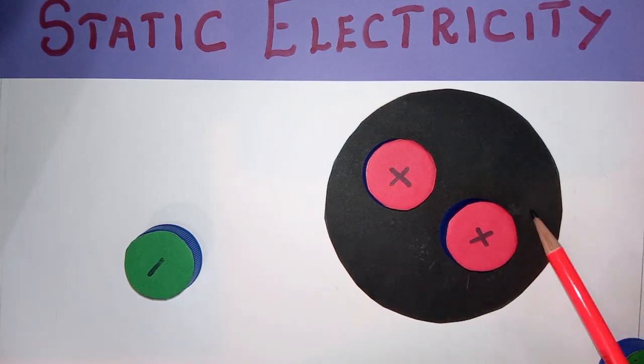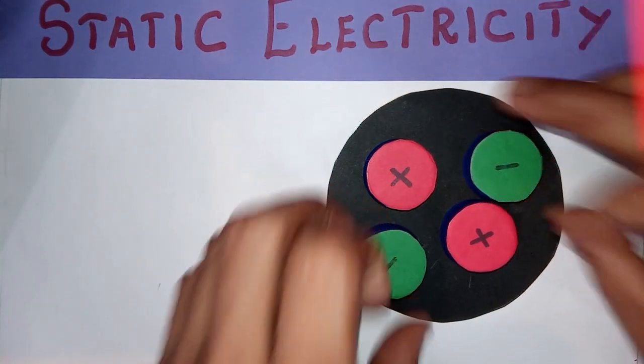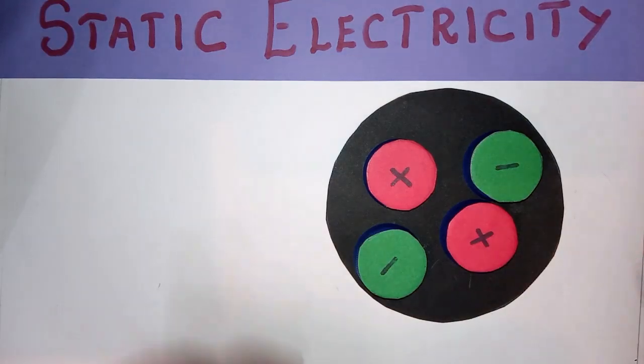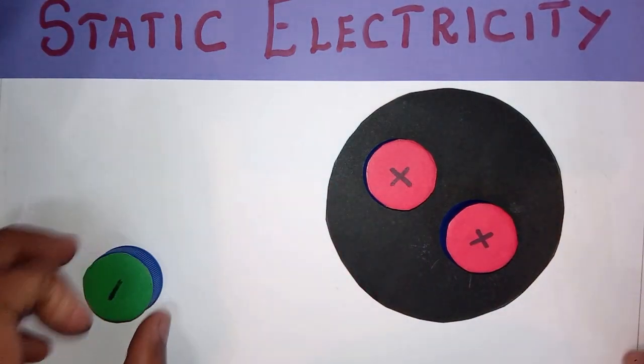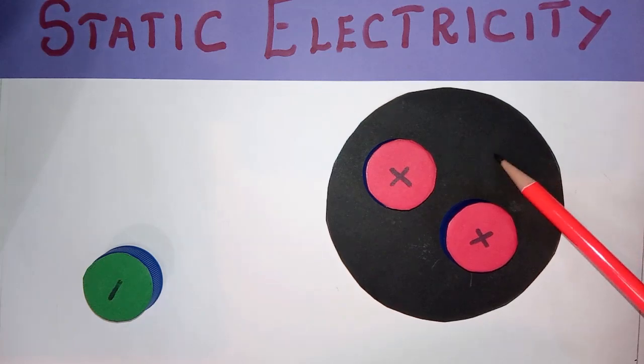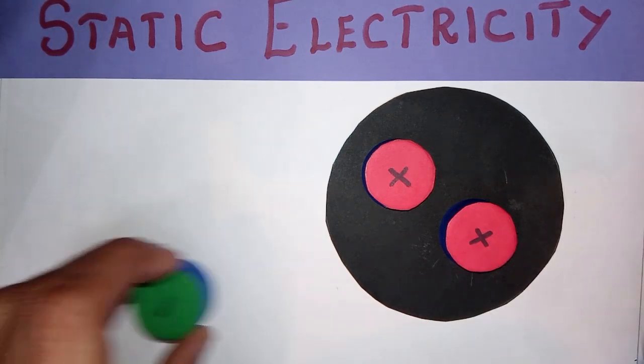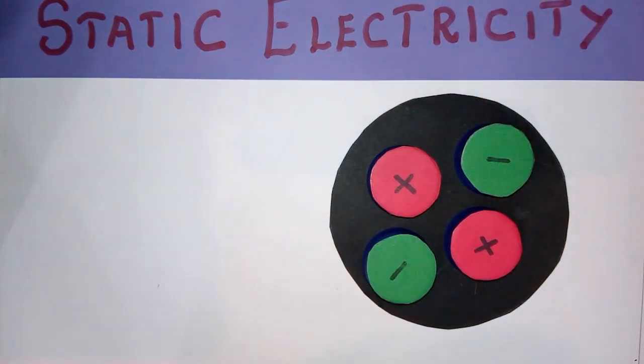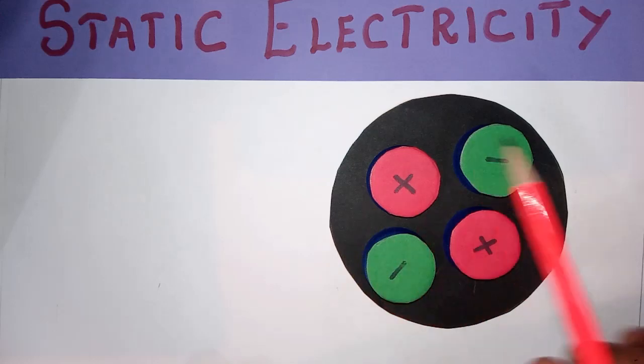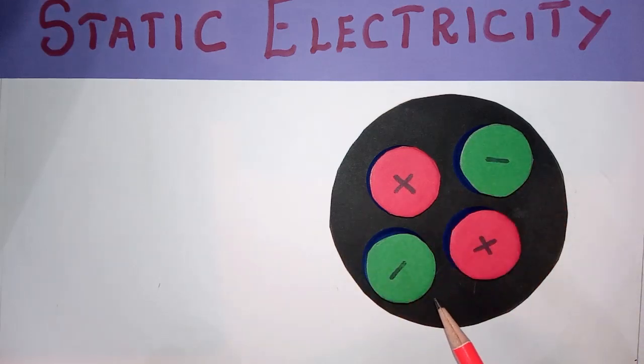That is, now it is positively charged. Repeating, when the object loses electrons, the object remains with a positive charge. Now, again, it is a neutral object.